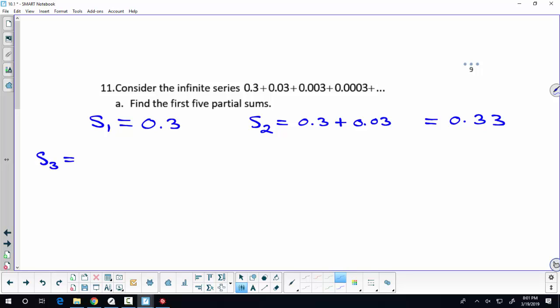The third partial sum is the sum of the first 3 terms, which is the first term plus the next 2 terms.